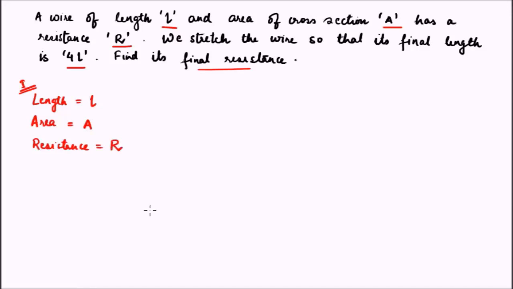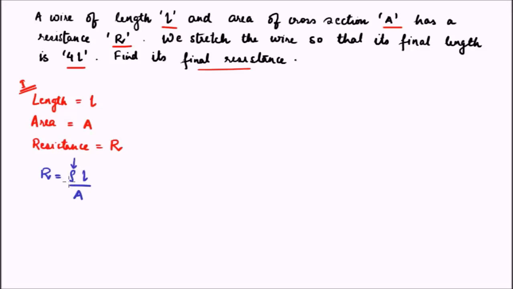Now we know that R is rho times L upon A, rho L by A. This is my fundamental definition of R, and rho is the material property.